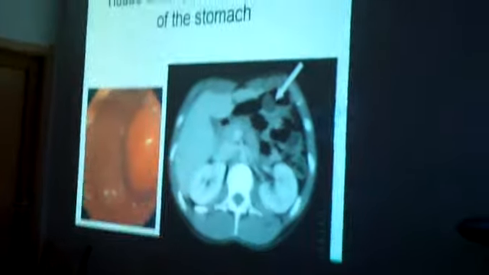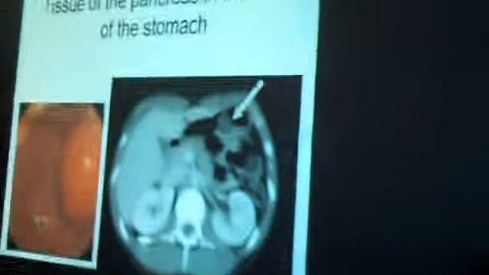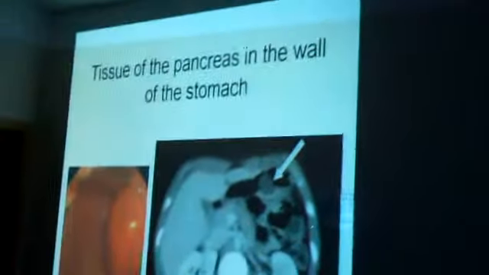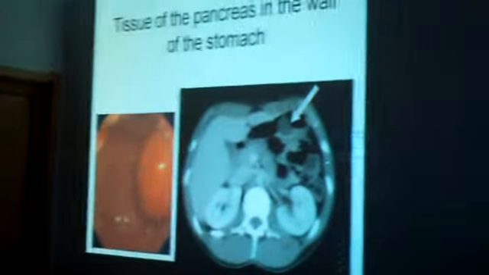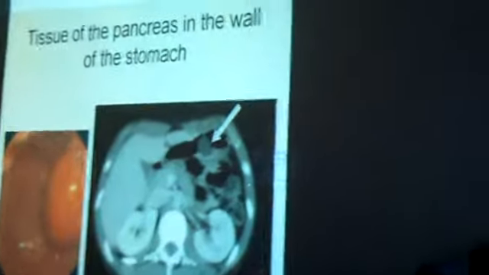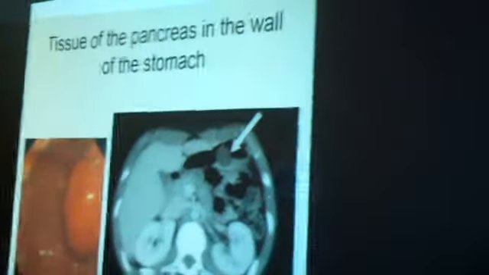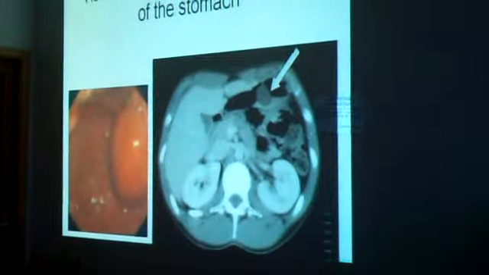Cell migration. Interesting that in the stomach appears pancreas. Tissue of pancreas developed inside stomach. At the left is the gastroscopic picture, something in the stomach. And when it was surgically removed, it appeared to be a tissue of pancreas.